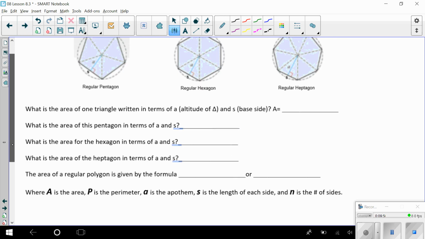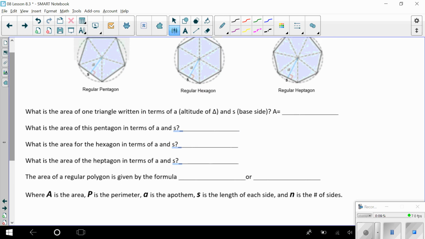All right, now I want you to look at your note sheet, and you have a few questions related to those regular polygons. If you look at those regular polygons in the pentagon, you can see that there are 5 triangles. In the hexagon, you can see that there are 6, and in the heptagon, you can see there are 7.